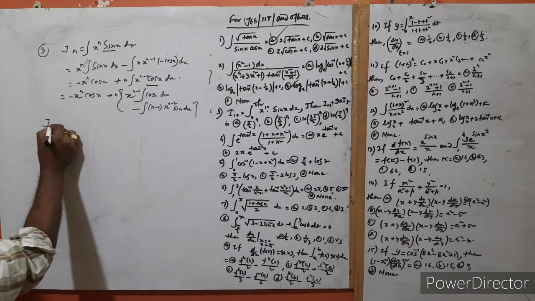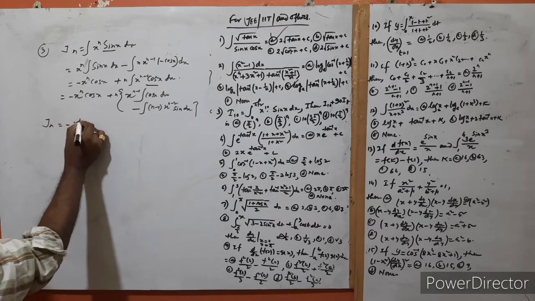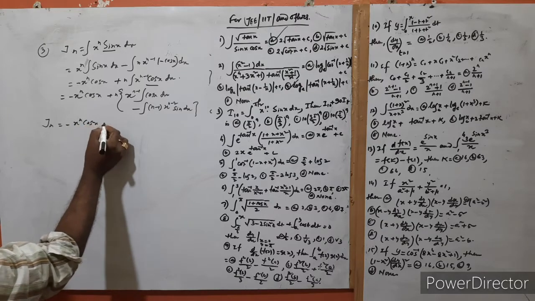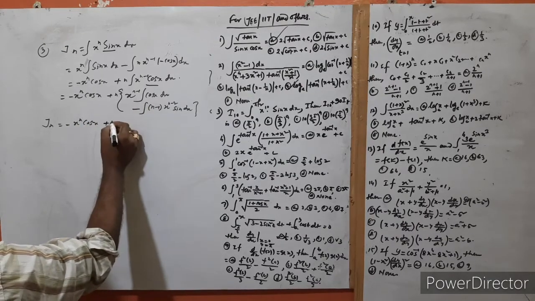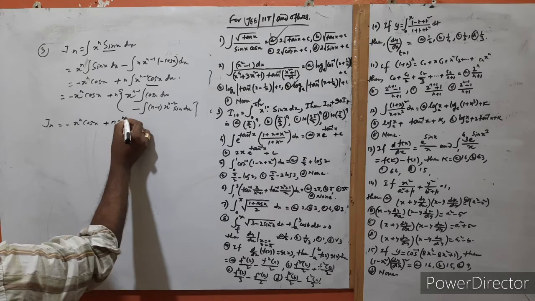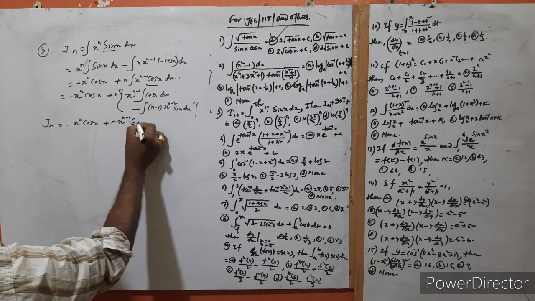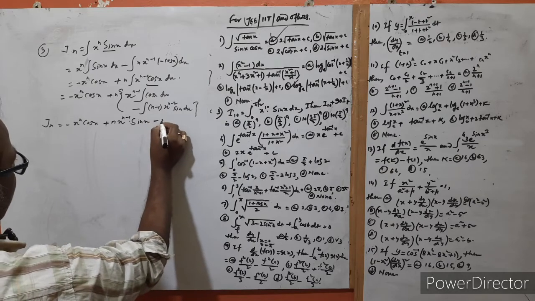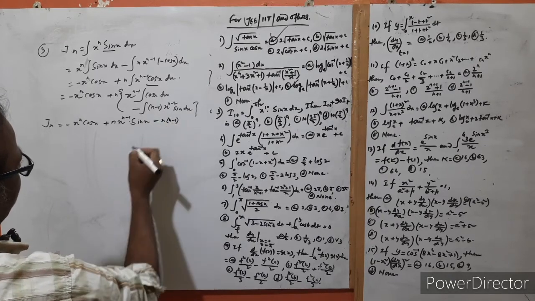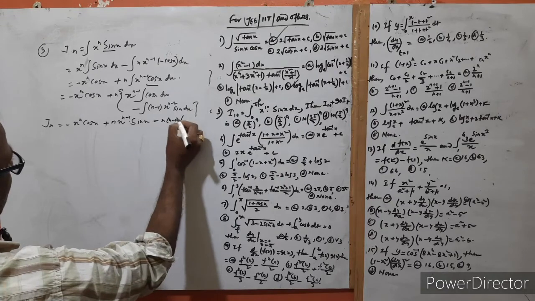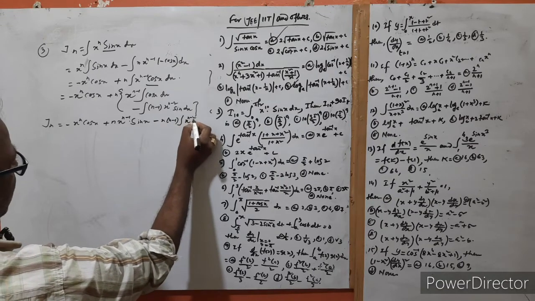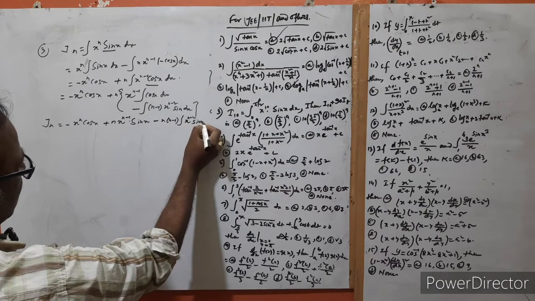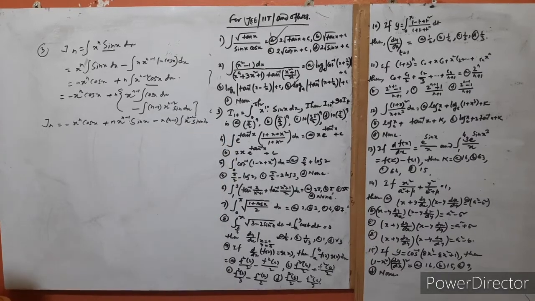So this is J_n equals minus x to the power n cos x, plus n into x to the power n minus 1 sin x, minus n into n minus 1, integral of x to the power n minus 2 sin x dx.